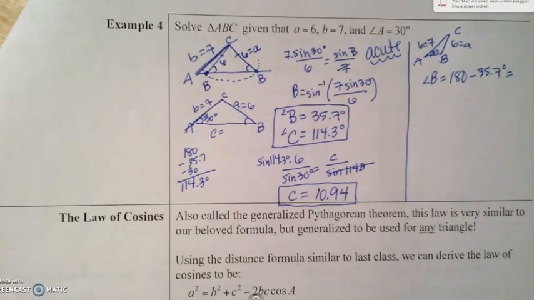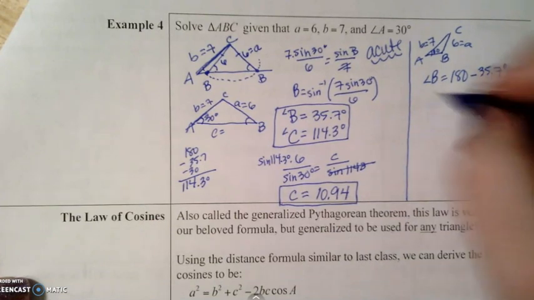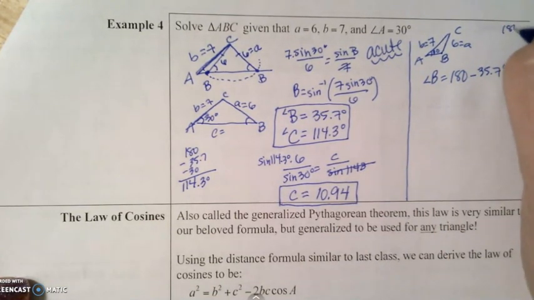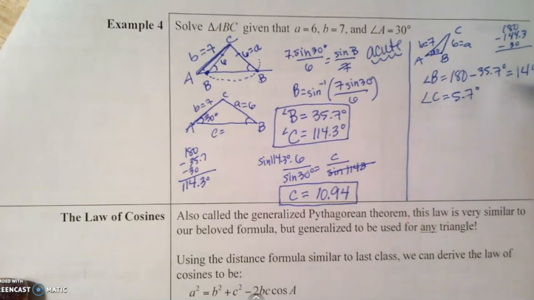So we find that angle B is 144.3 degrees. To find angle C, we do 180 minus 144.3 minus 30. So we get angle C is tiny, 5.7 degrees.